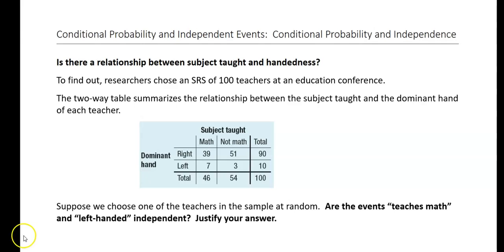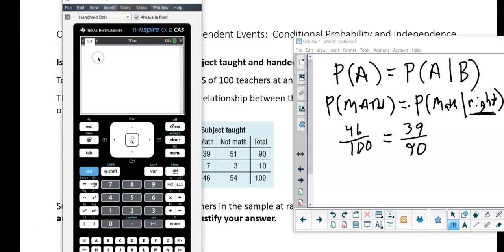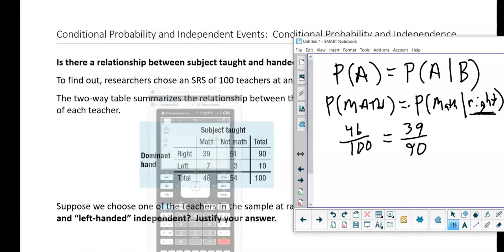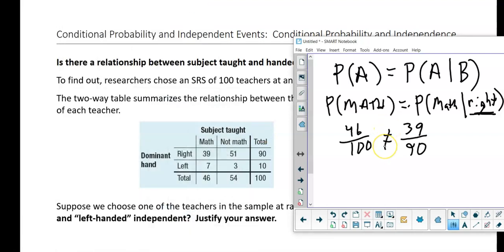I don't know. Okay, so 46 divided by 100 is 0.46. That makes sense. 39 divided by 90 is 43%. They're close. I knew they were kind of close. They're not equal. So I don't think those are independent events here.